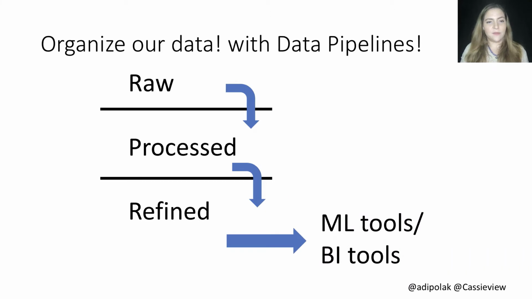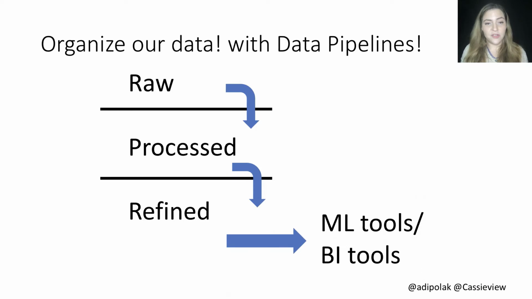The second one, we want to put it into a pipeline and move it into a process stage. The process stage is our data after file type transformation and structuring. And the next stage will be the refine stage. It's usually after we remove things like data variability and redundancy.